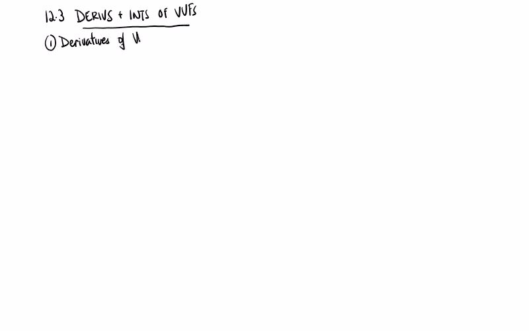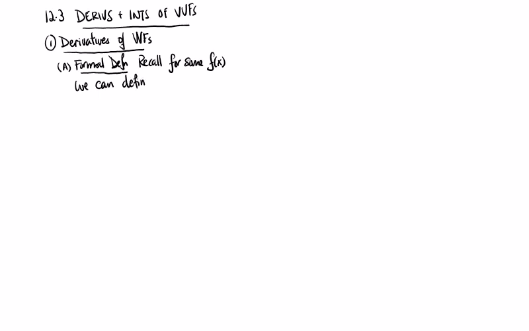of vector-valued functions. Oops, let's say VVFs. So let me begin by giving a formal definition and then an informal definition. So formally, if you recall the definition of a derivative from calculus, for some f of x, back in Calc 1, you can define the derivative at a point.